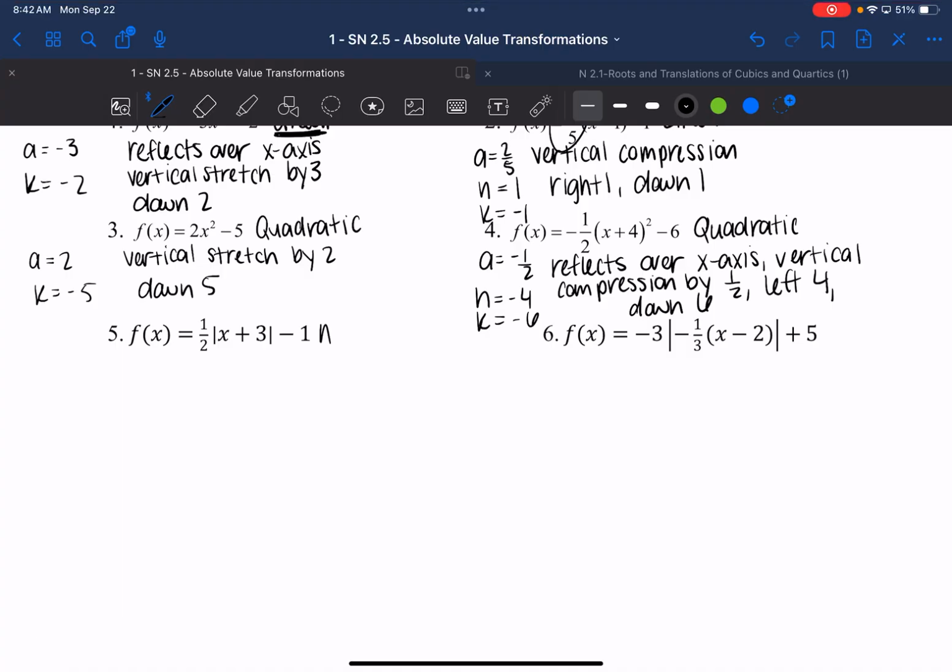Good. All right, does this one have anything for A that's going to change our graph? For the A value, it would be 1/2. And what does that 1/2 do? Vertical compression. Good.